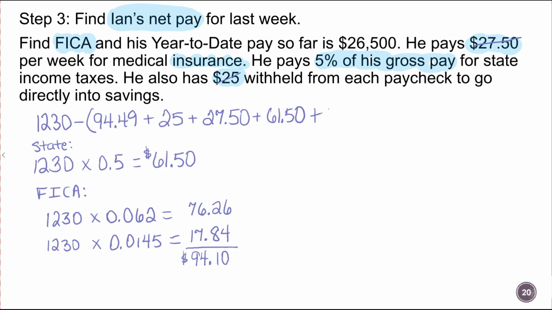So we're adding that in, $94.10. Now I'm going to double check this. 1, 2, 3, 4, 5. Okay, so that's 5 numbers. If I add those all together, it is $302.59.